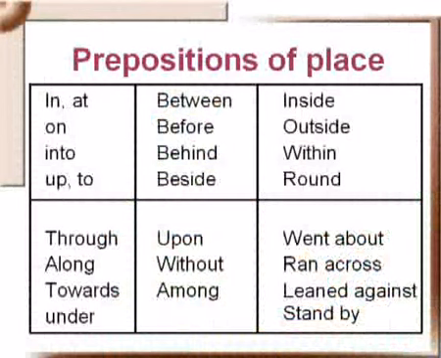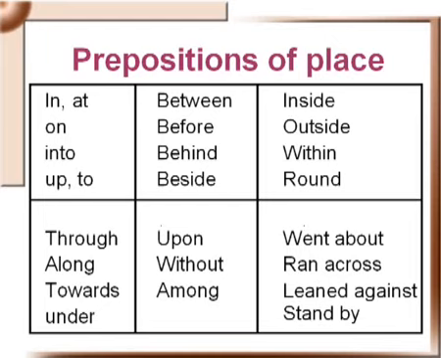Let's now look at some prepositions of place. Here are some prepositions of place. Look at the top left hand corner. All of these are single word prepositions. In, at, on, which you're already familiar with.